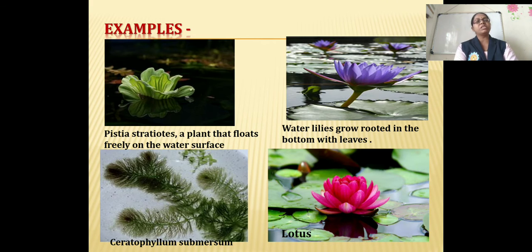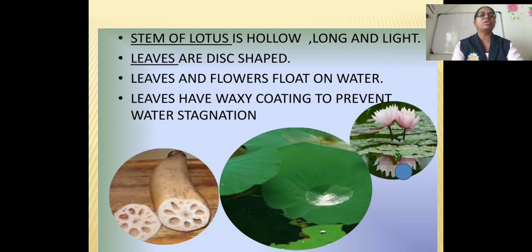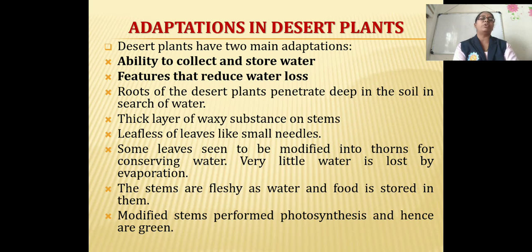So let us see some characteristics or adaptations in lotus. The stem of lotus is hollow, you can observe in the slide, long and light. Leaves are disc shaped. Leaves and flowers float on water. Leaves have a waxy coating to prevent water stagnation. So these are some adaptations of lotus.